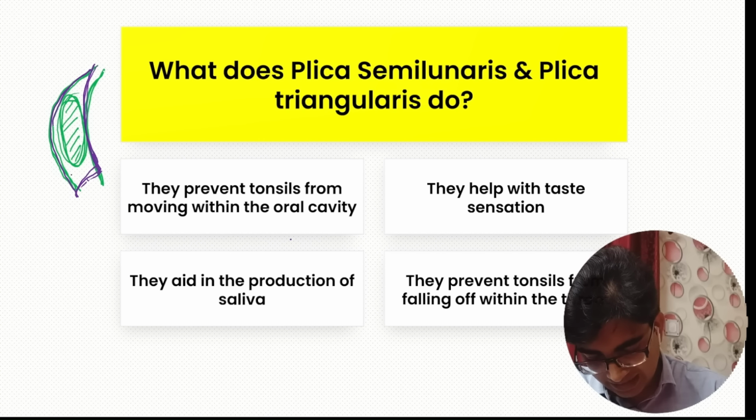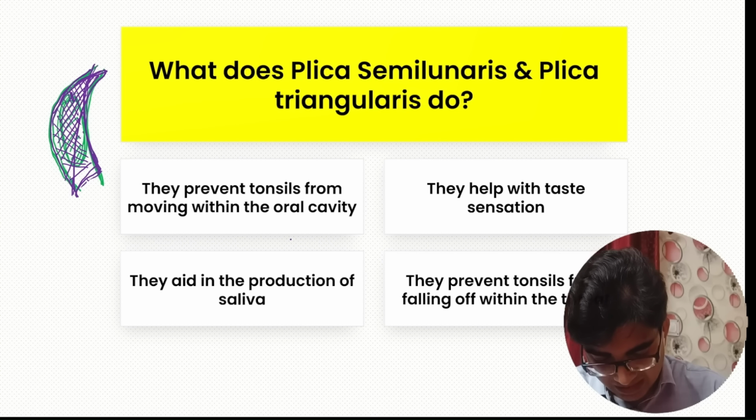And this very membrane, mucosal covering, is going from anterior to posterior, and secondly, another one is coming from the anterior pillar to the posterior pillar, but that is going like this.